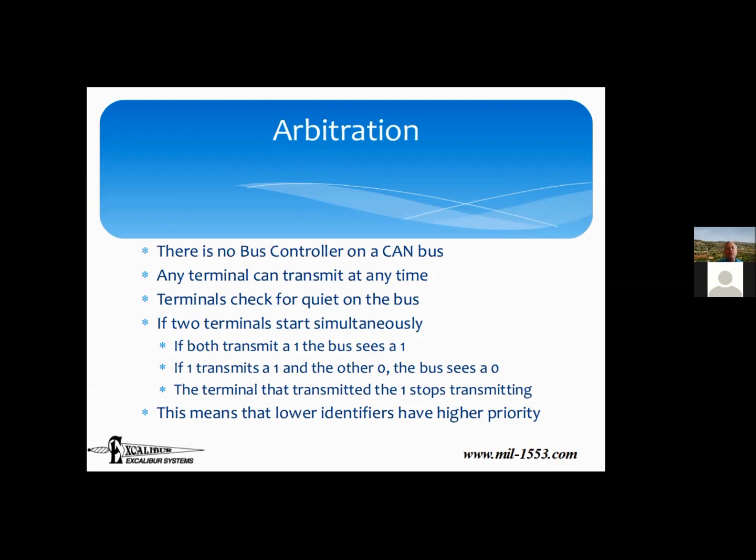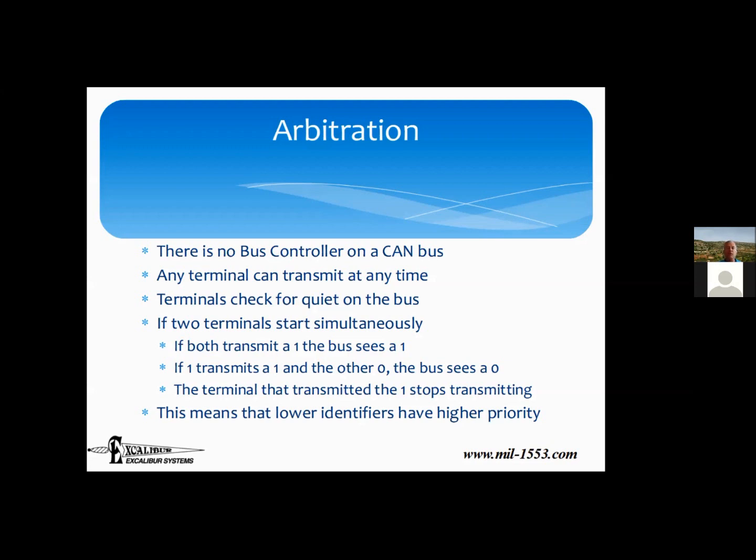So it turns out that, first of all, every node, while it's transmitting, is also looking at what's on the bus. Now, if they both transmit a 1, then of course he's going to see a 1 on the bus, and he's going to say, well, that's good. If they're both transmitting a 0, he's going to see a 0 on the bus, and he's again going to say that's good. And in either case, he's going to continue transmitting the next bit.